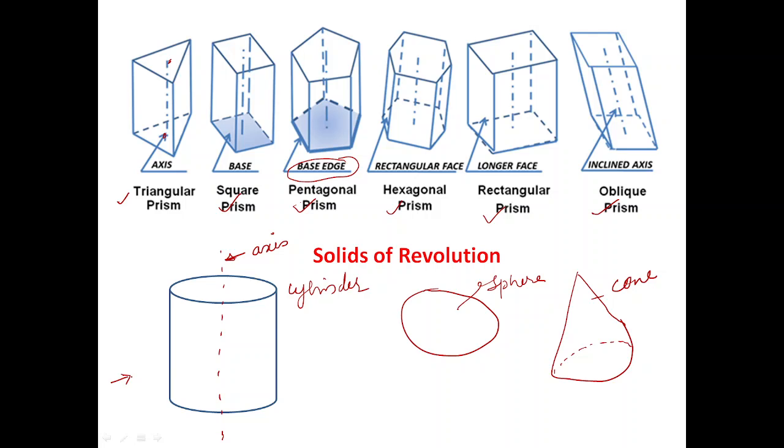You are going to get a rectangle. Now just observe here. Is it right? Now if you draw an axis for the cylinder, with respect to this axis, if some portion is revolved, which forms a solid, that type of solid is called a solid of revolution.